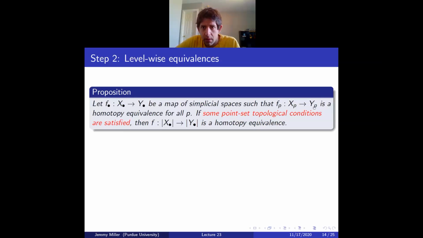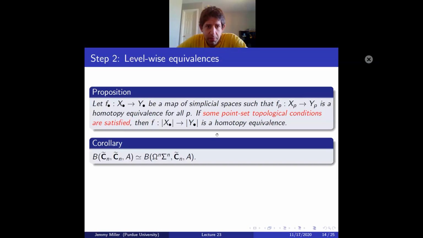Again, if your simplicial spaces are actually just simplicial sets, so all these X_P are discrete, then in fact there's no condition you need to check. This is because it is just the statement that it's an isomorphism of simplicial sets. But if you have simplicial spaces, then this is a non-trivial thing.